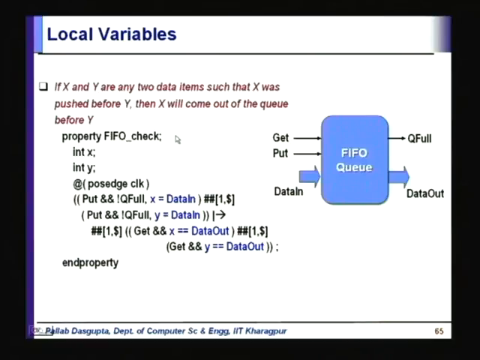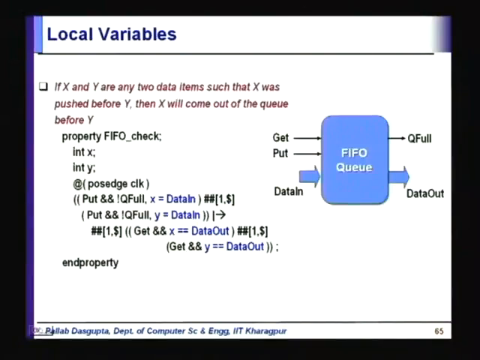This is called local variables. In all that we have studied so far, we have only looked at propositional variables. In other words, all the symbols that we have used so far are propositions, like P, Q, R, etc. Now, for the first time, we are going to look at variables like x and y, which are not propositional variables, in the sense that they do not have Boolean values.